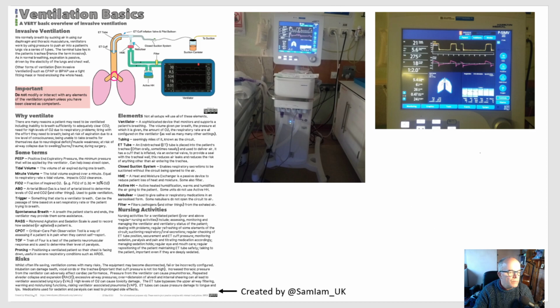So this is the screen that we've got. We've got two sides to this ventilator. This is what the machine is telling us, and these buttons are what we are telling the machine. We are setting the machine to do a number of things, and there are a number of key points that we need to be aware of. First of all, there are various modes that the ventilator can do.